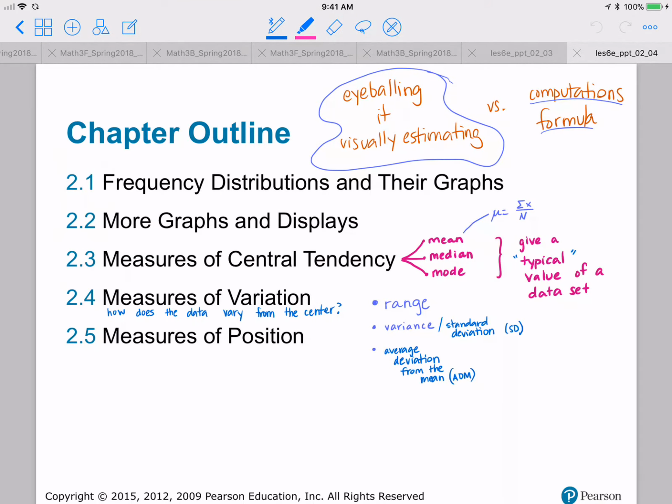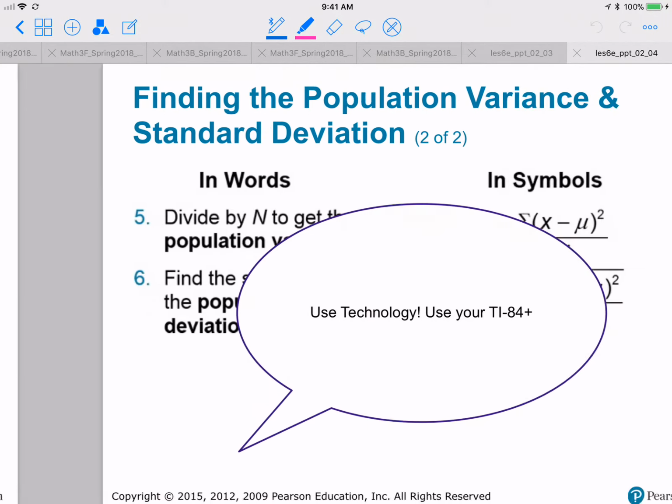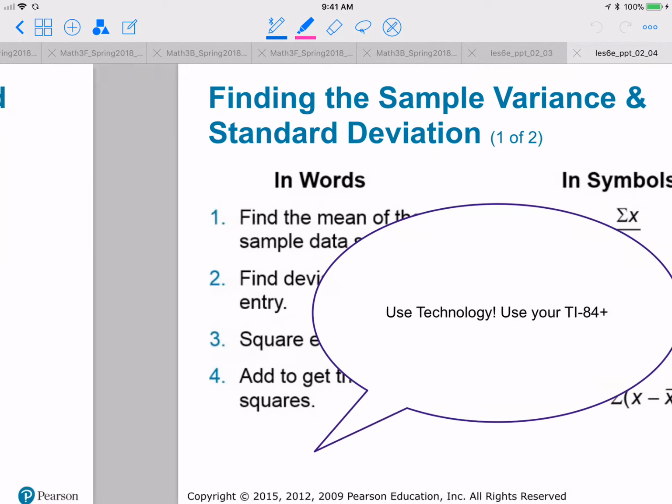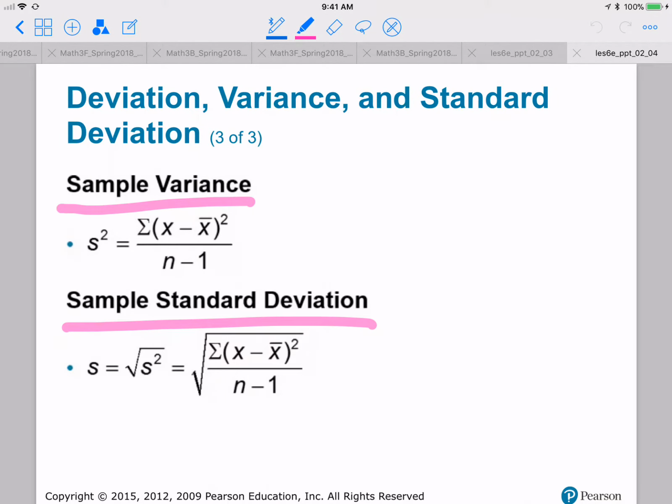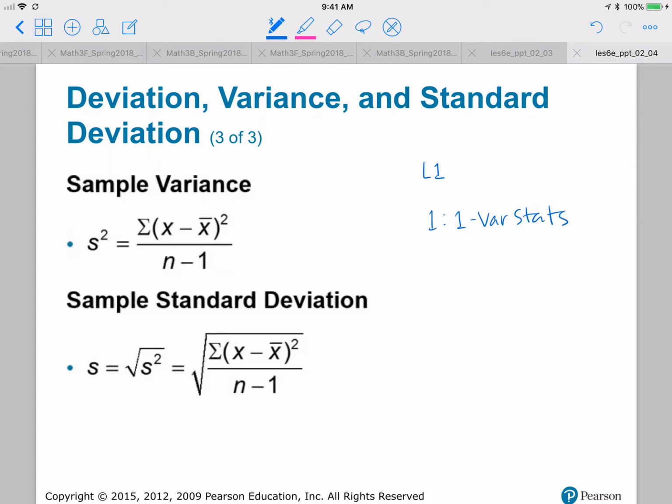Let's see here. So we left off with finding the variance and standard deviation of a population and of a sample. We had already figured out how to find it for a population, and now we just needed it for a sample. And we're just going to quickly go through here. For a sample, the key thing to look for is when you enter your data into L1, and then you go to 1-Var Stats.